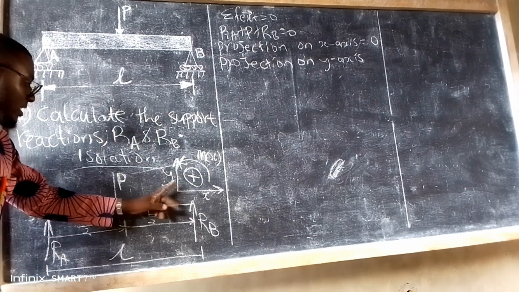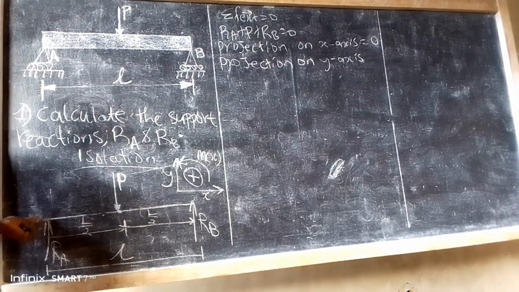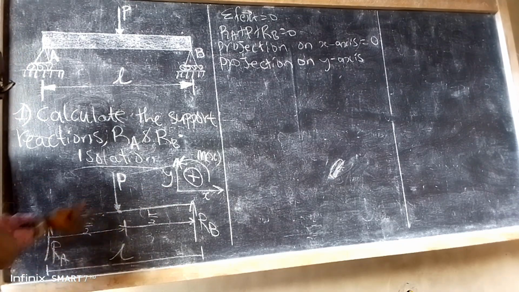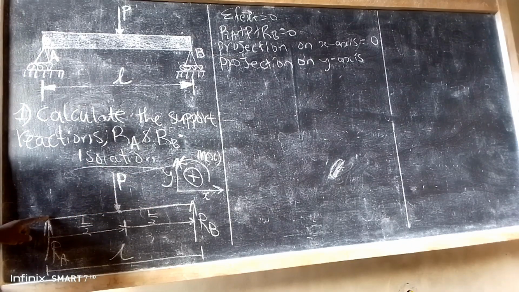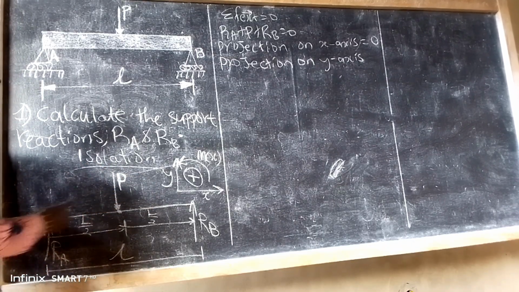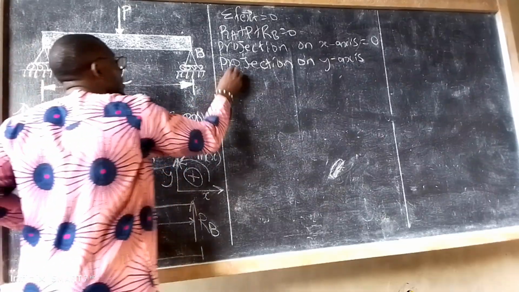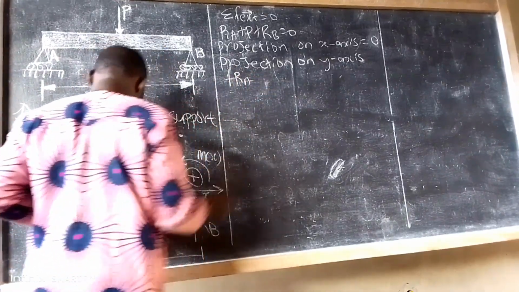The reason why we place this orientation here is to determine the sign of our reactions, or of our external forces. RA is moving in the same direction as our orientation, so it is plus RA.